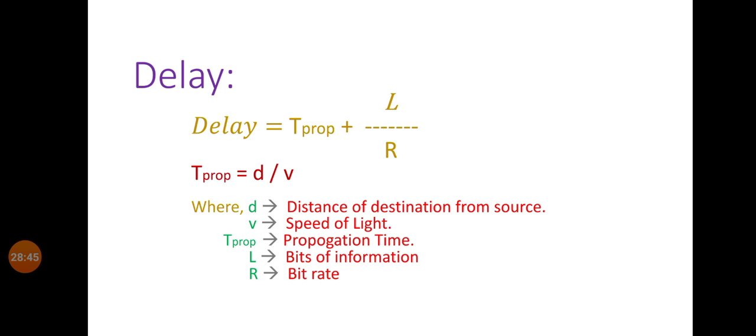If you decrease the bit rate, means if you decrease the speed of transfer, then time taken to transmit is increased. Means time and bit rate are inversely proportional to each other. So this is how delay in any transmission can be calculated.